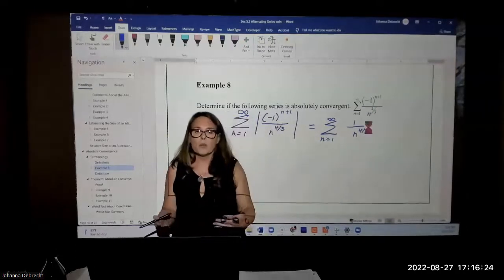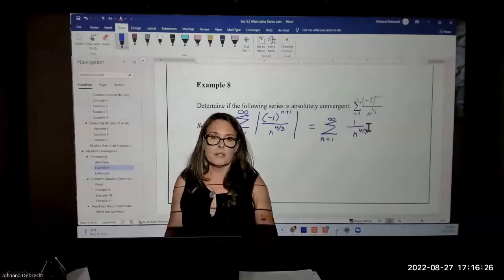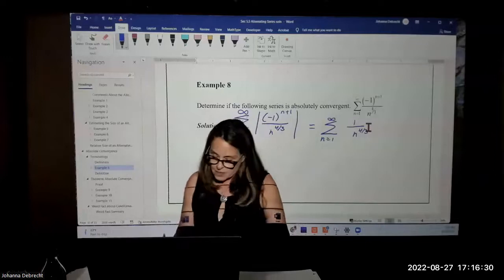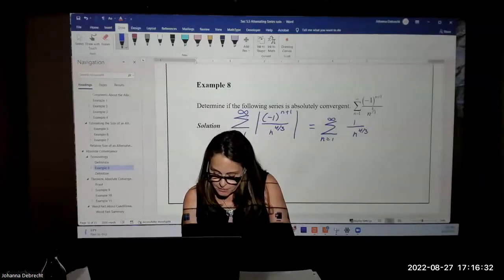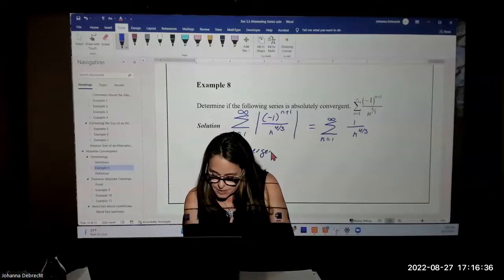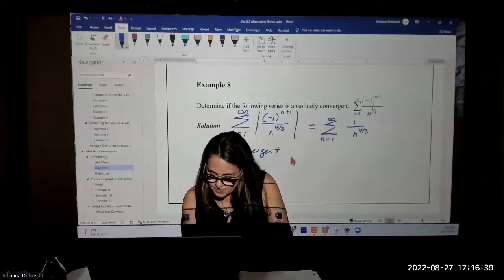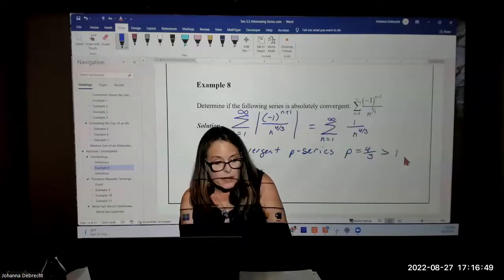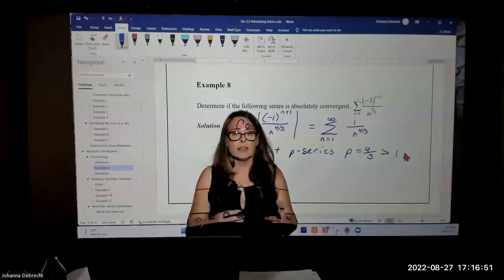Now, what do we know about 1 over n^(4/3)? That's right, it's a p-series. This, in fact, is going to be a convergent p-series where p is equal to 4/3. And as long as p is greater than 1, we know it converges. Convergent p-series, p equals 4/3, which is greater than 1. Now, what does that tell us?